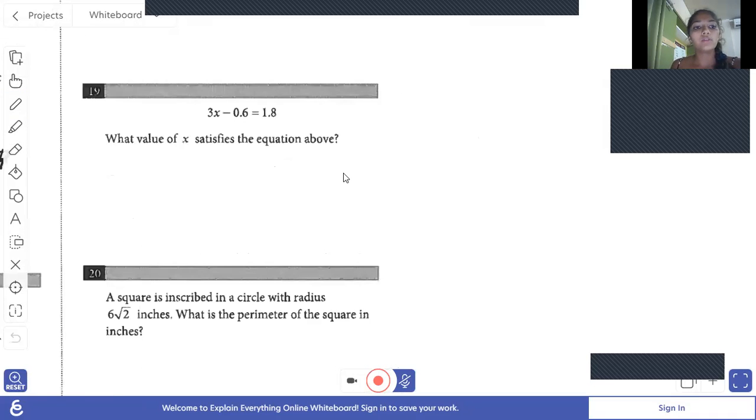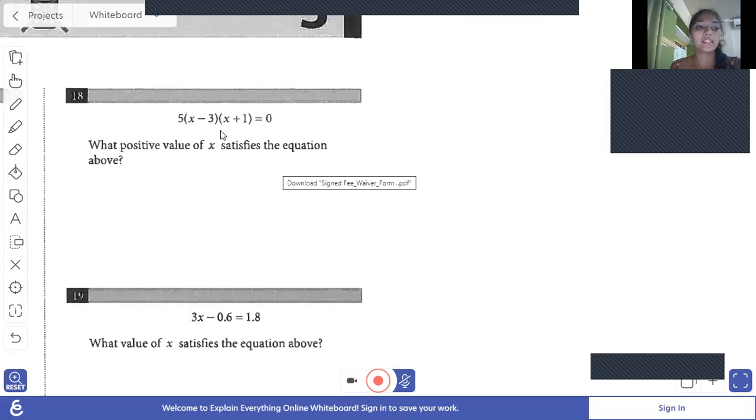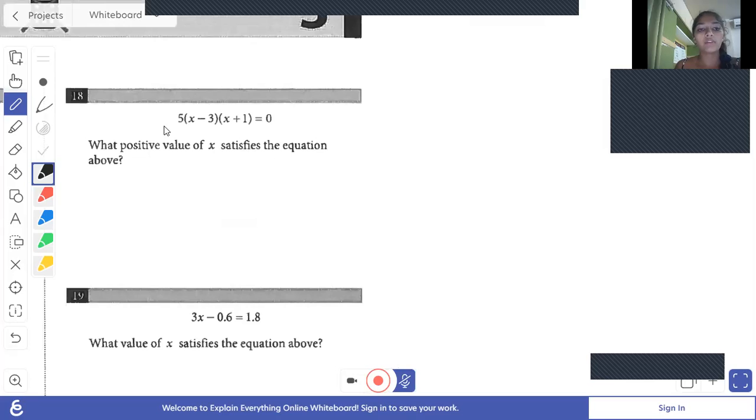Okay, that's 18. What positive value of x satisfies the equation above, 5 times (x minus 3) times (x plus 1)? So over here, if I put the value of 3, then I get 5 times (3 minus 3), which is 0, times (3 plus 1), which is 4, which is 0. So this works perfectly.